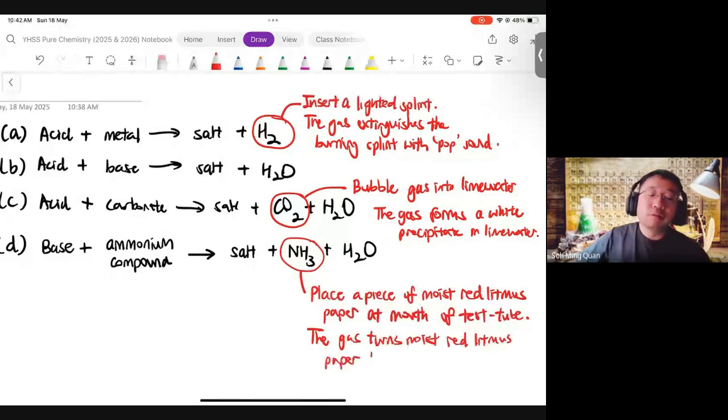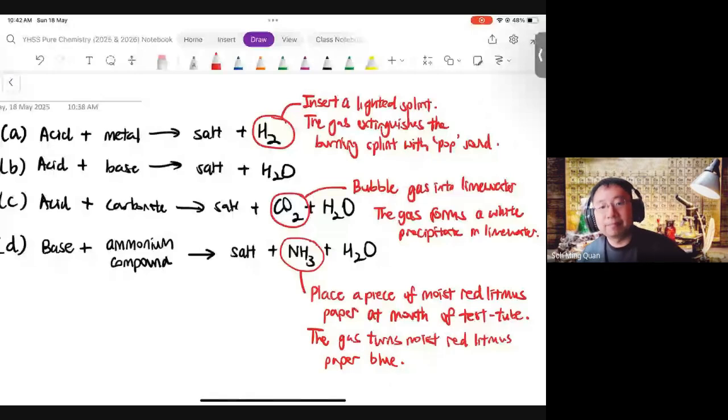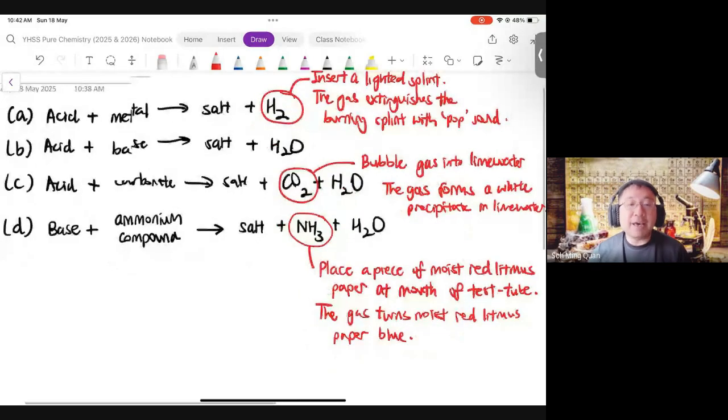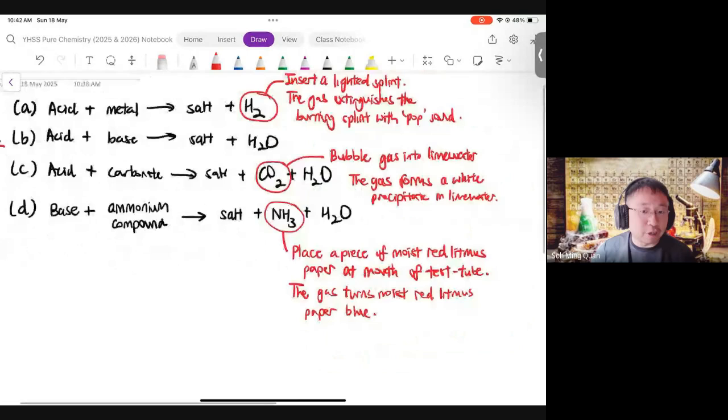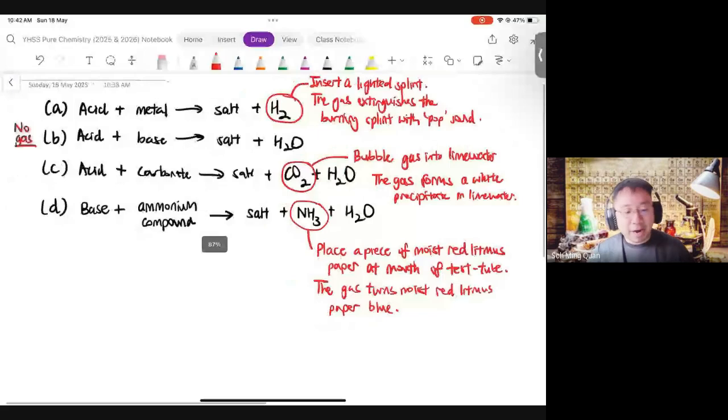Okay, so the second step is to study the gas test. So the first step, study the reactions, like memorize acid plus metal forms salt plus H2, acid plus base forms salt plus water. Okay, the second step is to study the gas tests. The third step is now to try writing examples of chemical equations for each reaction type. Of course, we're not going to go through every single thing. All right.